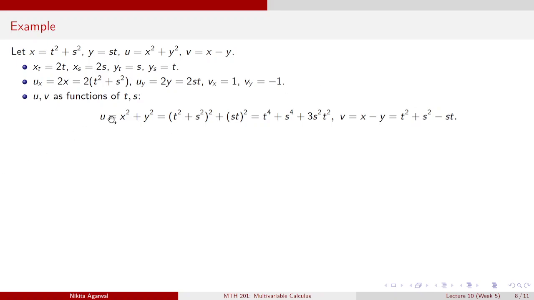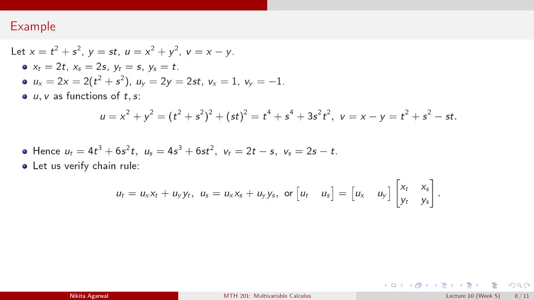Now, u and v as functions of t and s can also be written, as I told you earlier, by just substituting x as t square plus s square, and y as s times t. And then you can compute these derivatives directly, right? You can compute u_t, u_s, v_t and v_s from here.